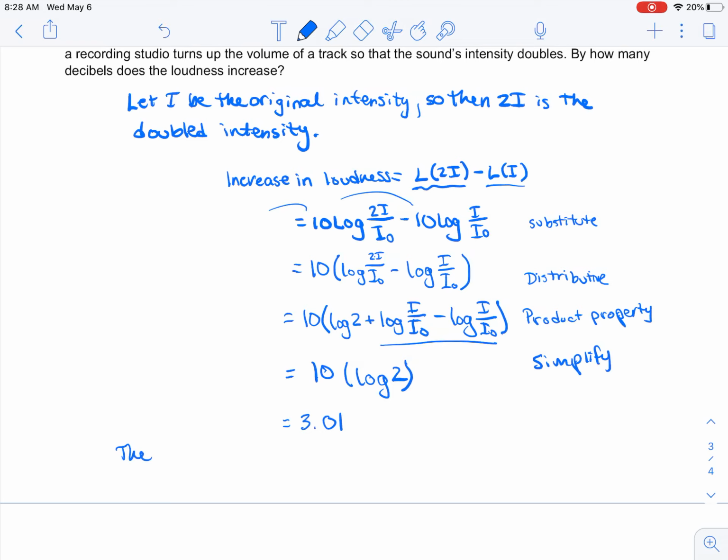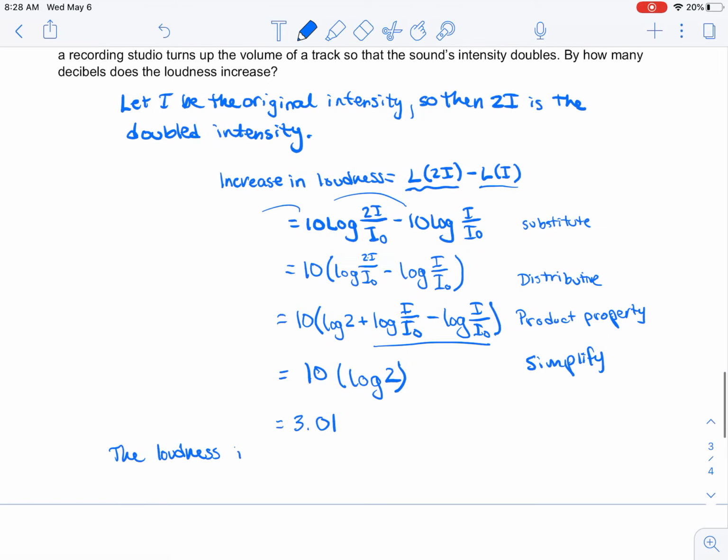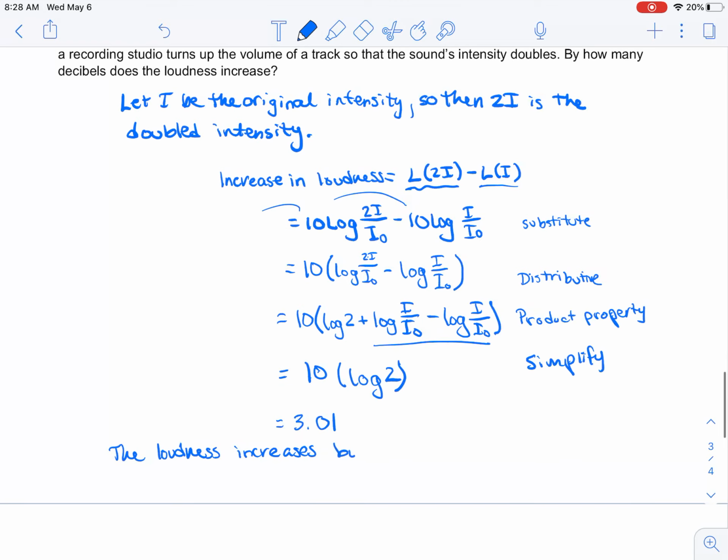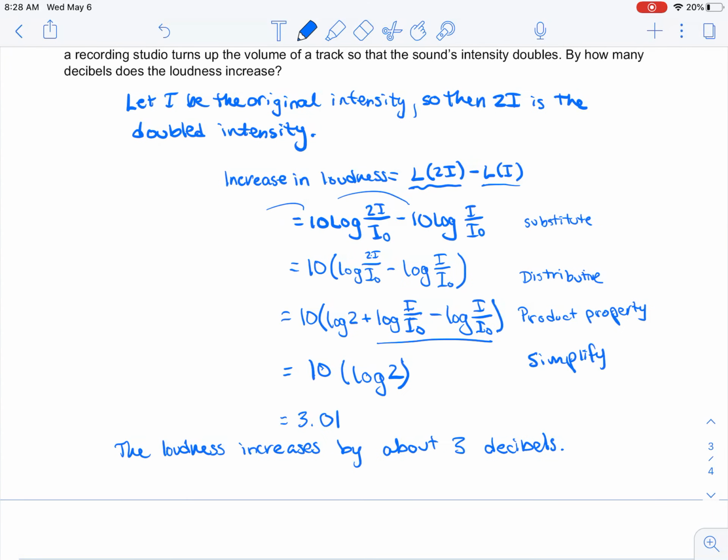So we can say the loudness increases by about 3 decibels. So it looks crazy, but using all of these rules, we can totally simplify this.